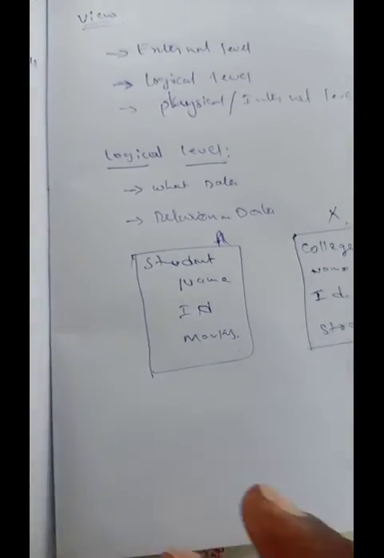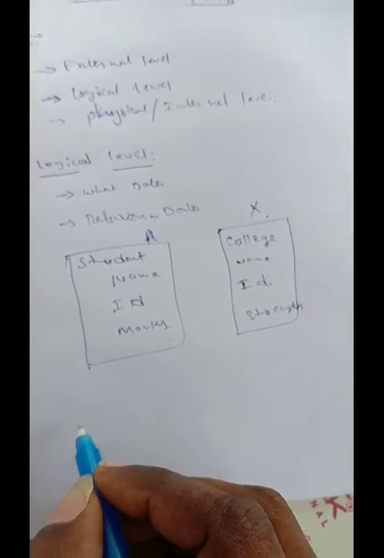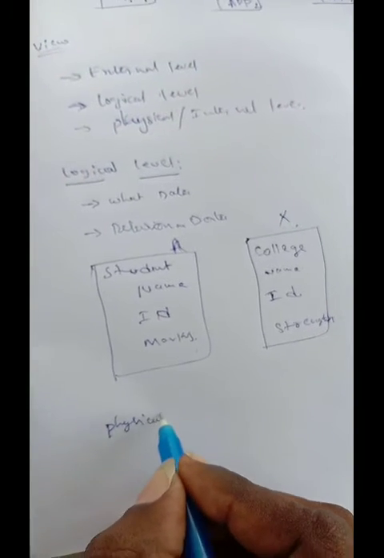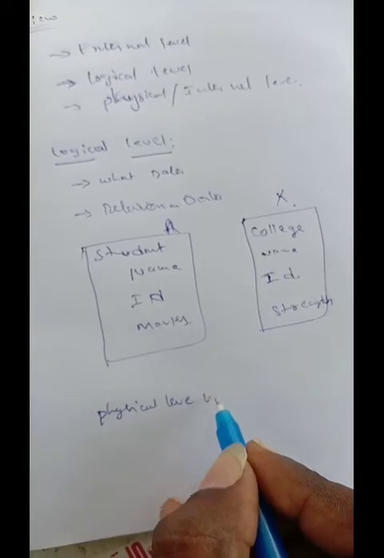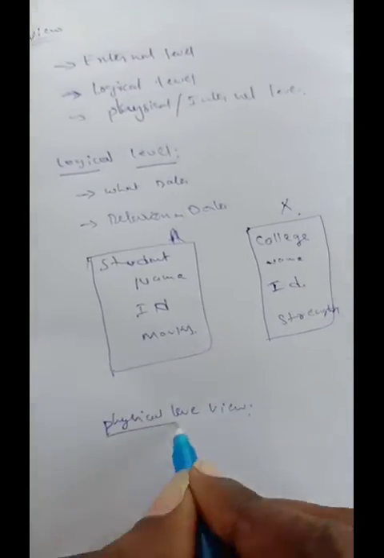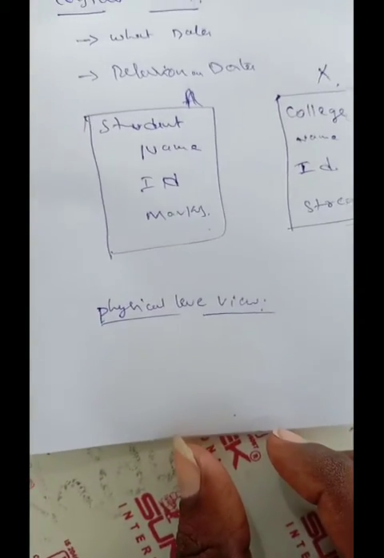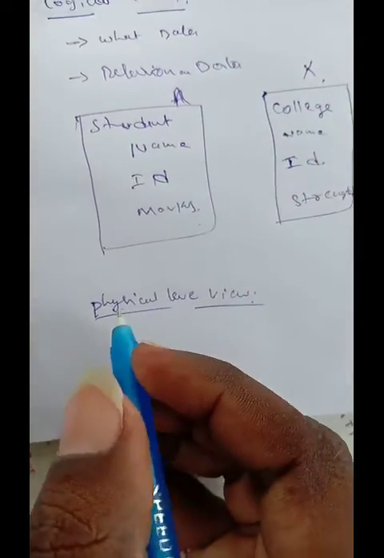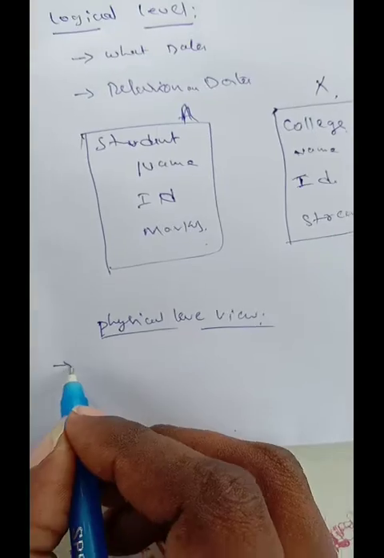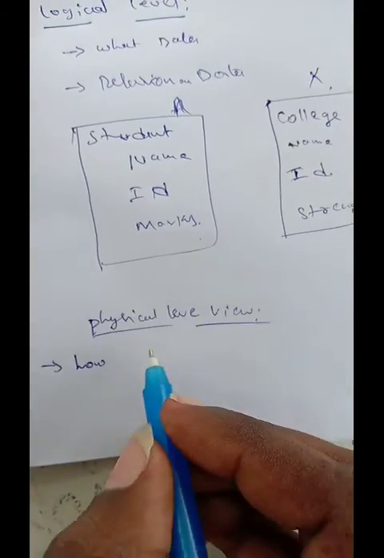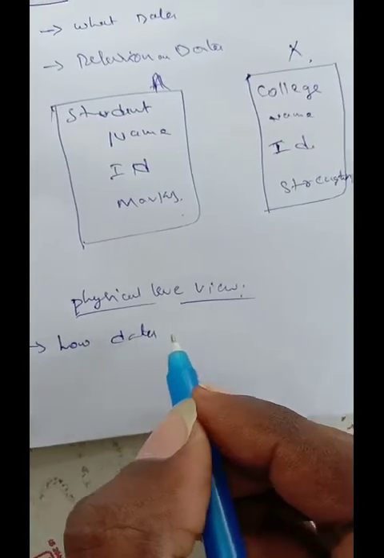And the next and last one is the physical level view. Here, what the physical level performs is how data is going to be stored.